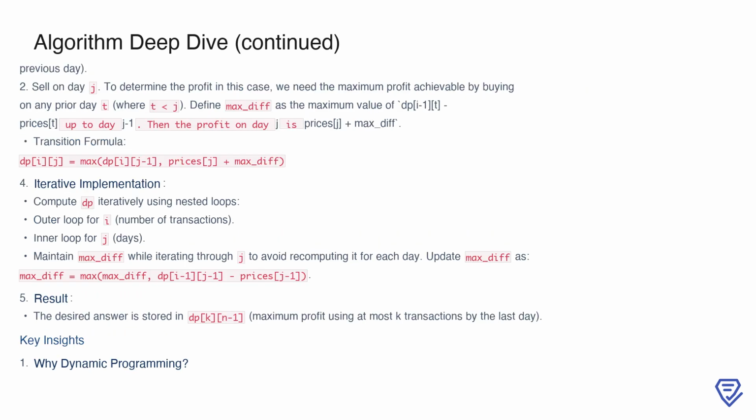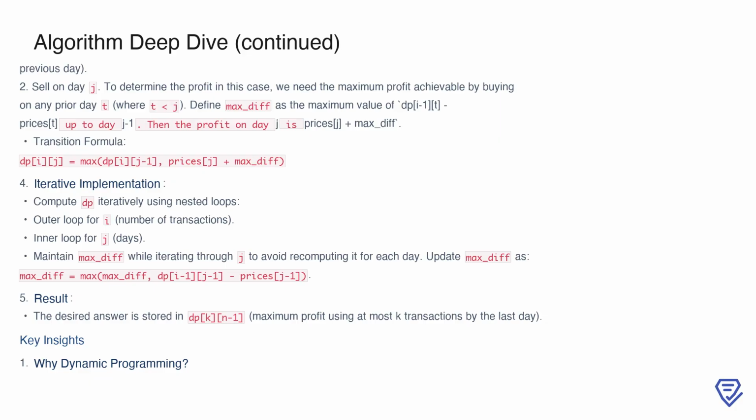To elaborate on the transition formula, when we decide not to sell on day j, the profit remains dp[i][j] equals dp[i][j-1]. However, if we sell on day j, the profit is determined by adding the current stock price, prices[j], to the max_diff value. This max_diff represents the maximum profit achievable by buying on any prior day t, where t is less than j.